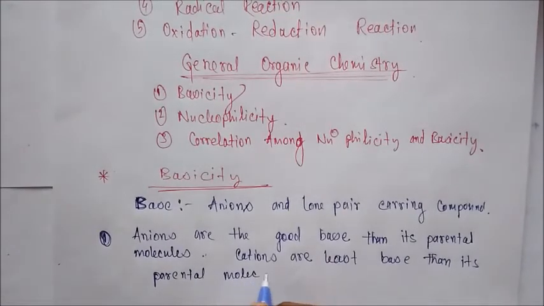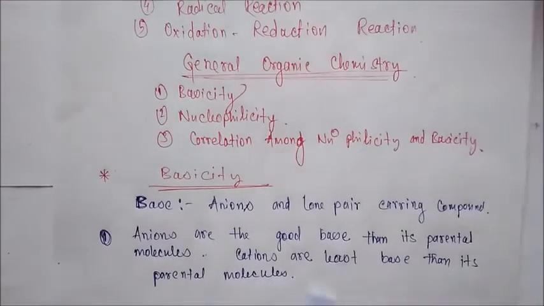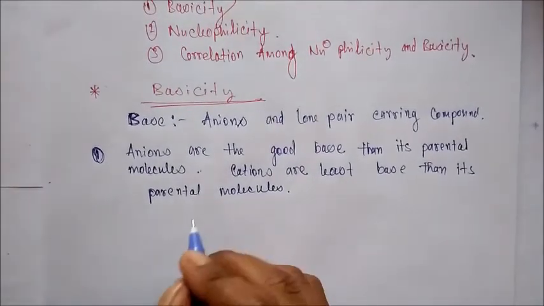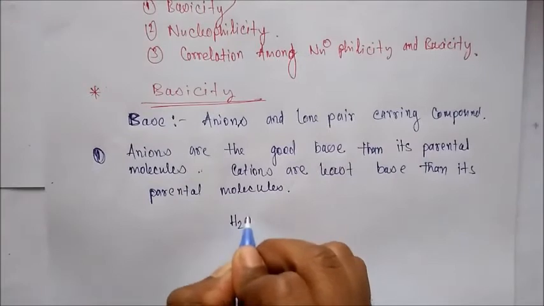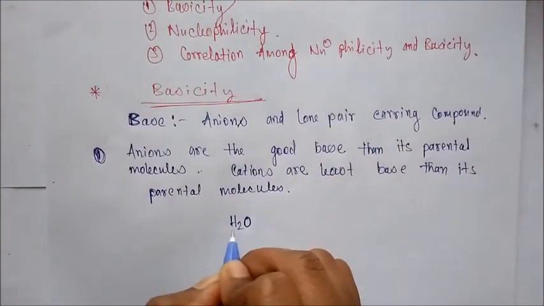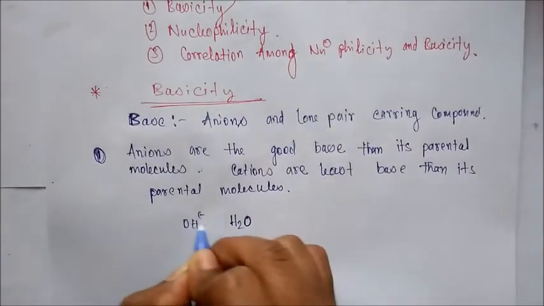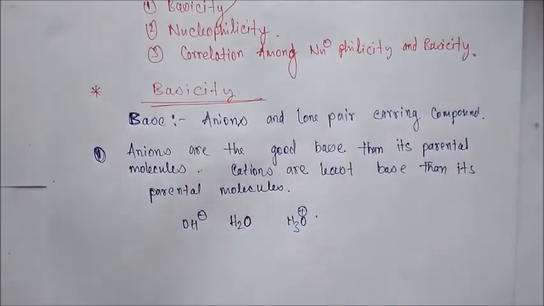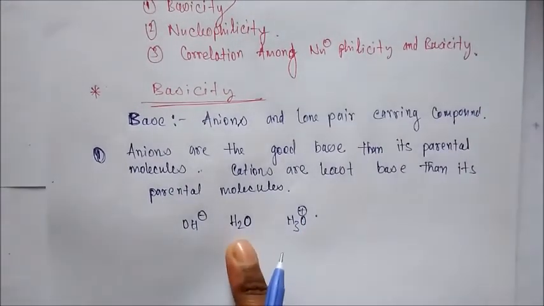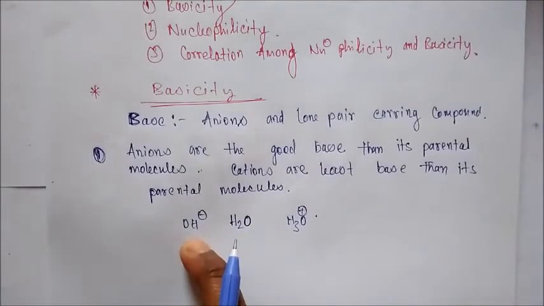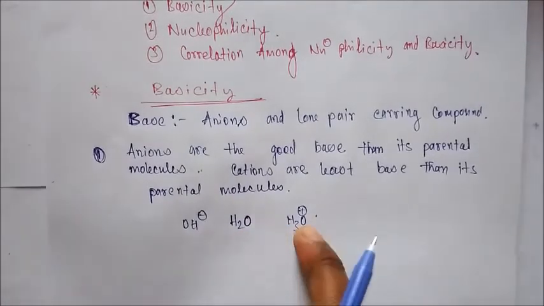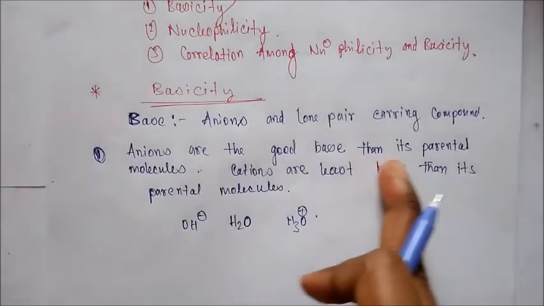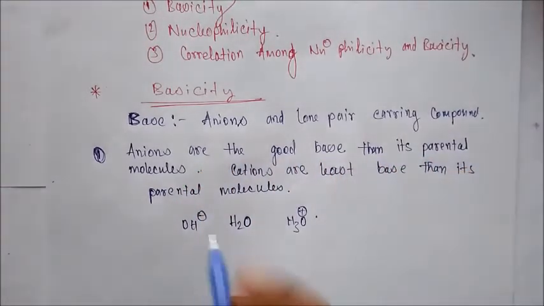Okay, let's take an example, it will be more clear. Let's say we have water, and the corresponding anion will be OH minus, corresponding cation will be H3O plus. So we have these three. This is the parental molecule, this is the anion corresponding to this, and this is the cation corresponding to this. So this line says anions are the good base, then its parental molecule.